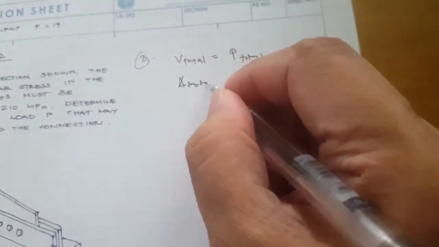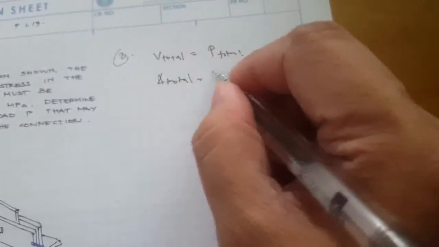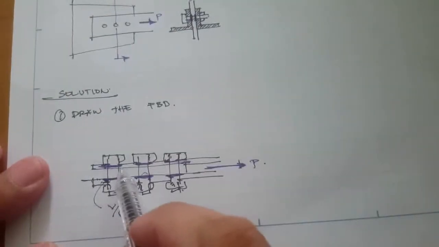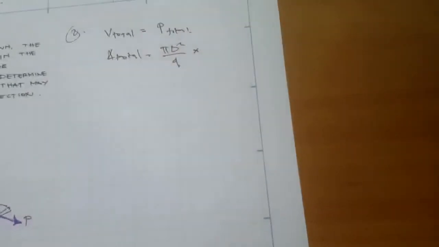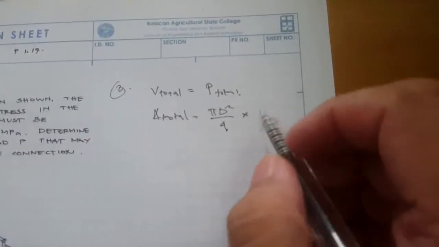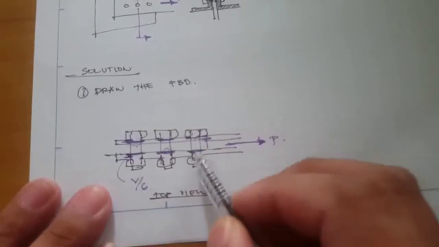And for the total area, we have pi d squared over 4. That's the area of the bolt, right? And how many areas do we have right here? We have 1, 2, 3, 4, 5, 6.